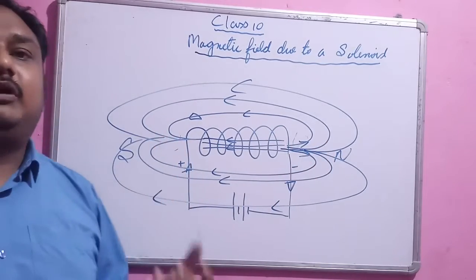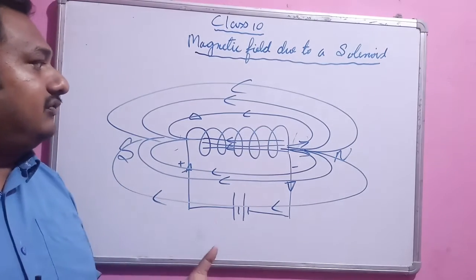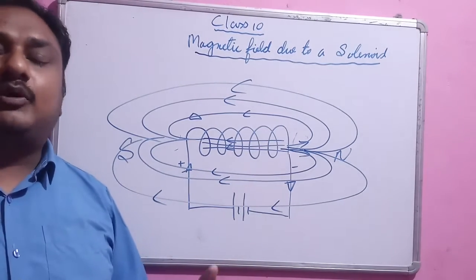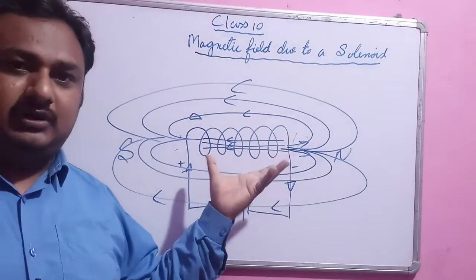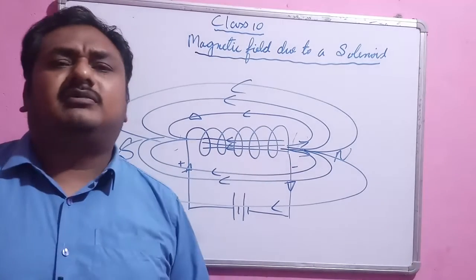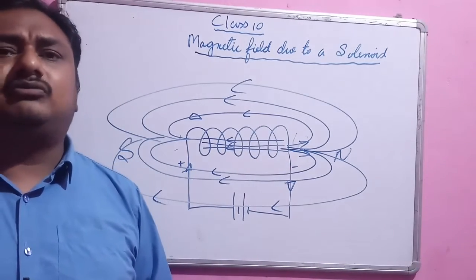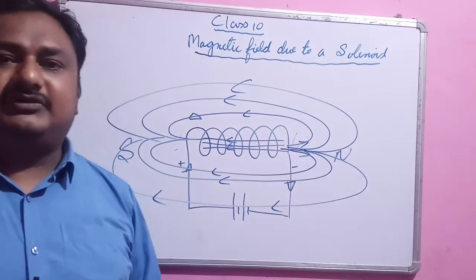All the properties of the magnetic field of a bar magnet are the same as the magnetic field developed by a solenoid. That is the brief idea about the magnetic field of the solenoid, because in class 10th this much level has been discussed.